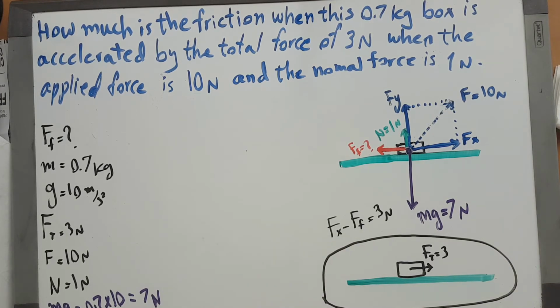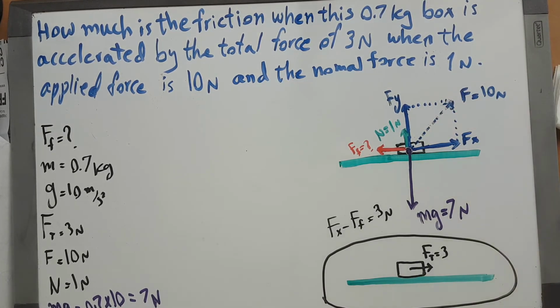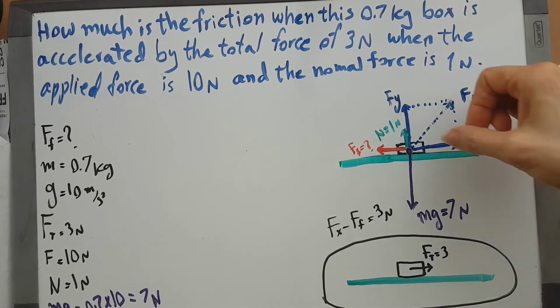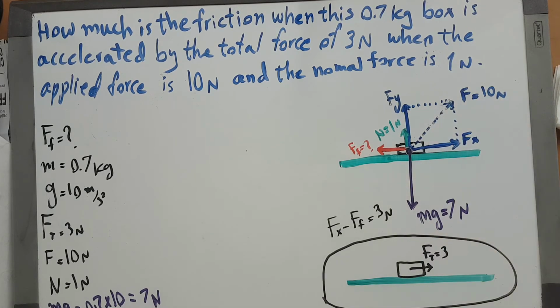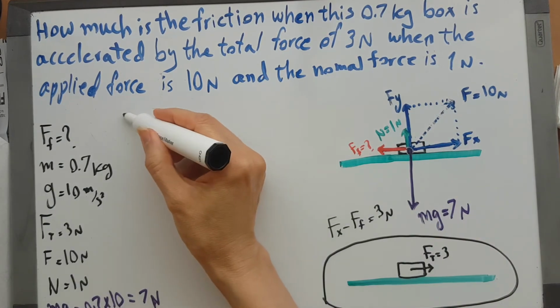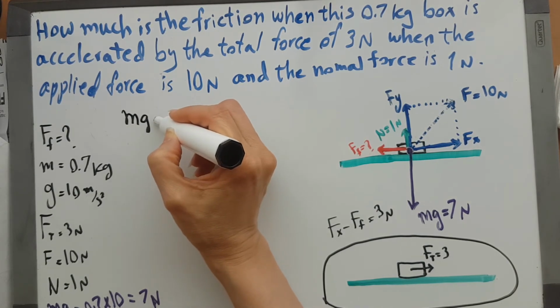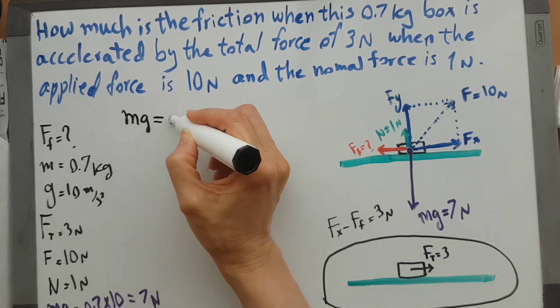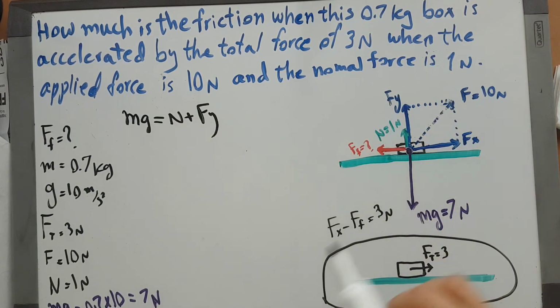So let's find everything. I know this is 10. So let's find this one that I have. I know that mg must equal N plus Fy, because they are supposed to cancel each other, right?